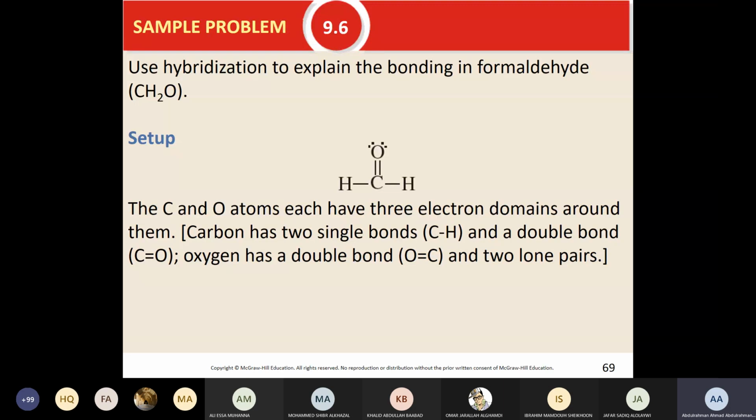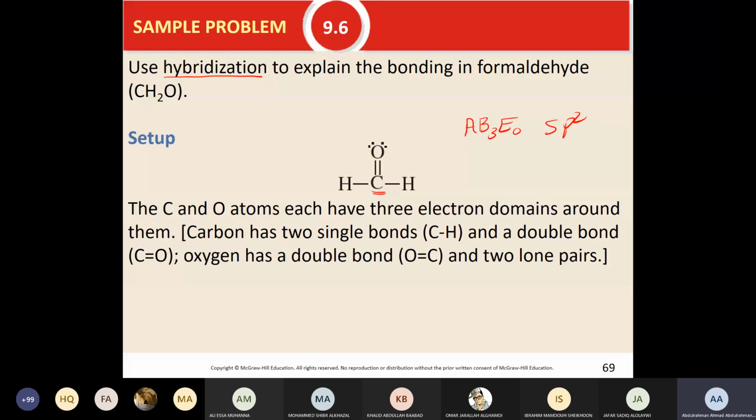Okay, again, let's very quickly now. What's the hybridization of carbon in this molecule? AB3E0. So what type of hybridization? SP2. Fantastic.